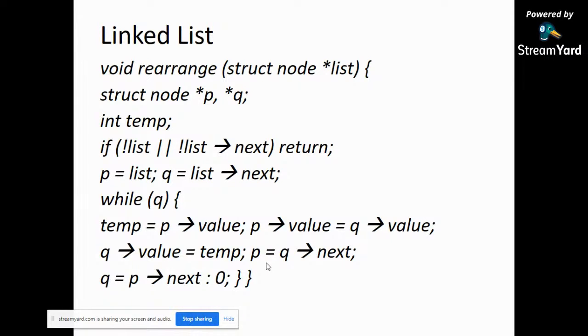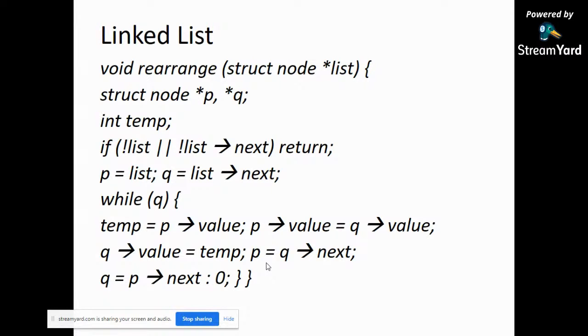Not list means if list doesn't exist, if there's null in the list, or if this is the last node, if this is the only node in the list, then return. This means that arrangement is not possible.